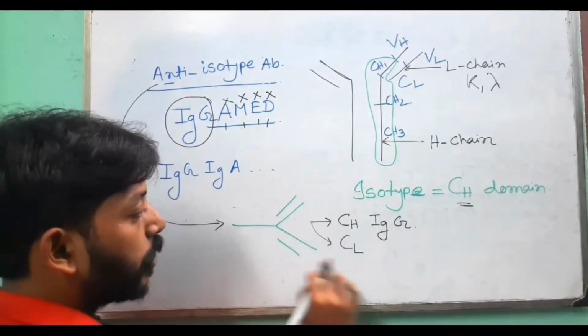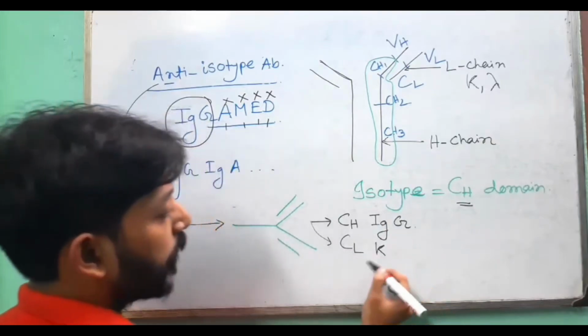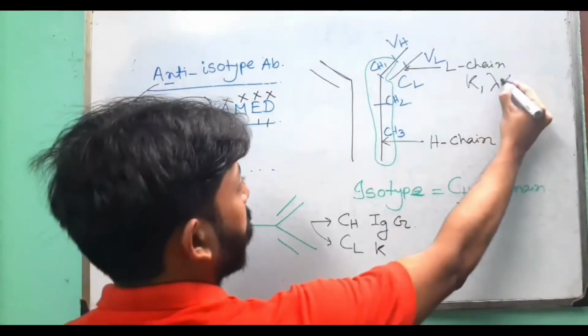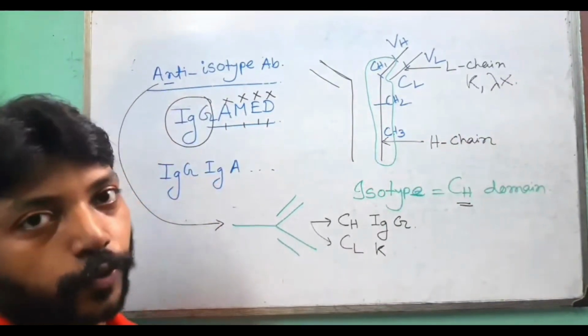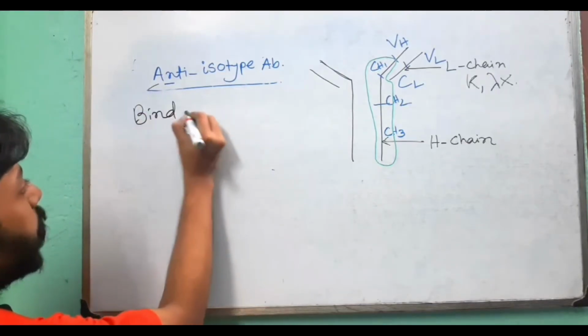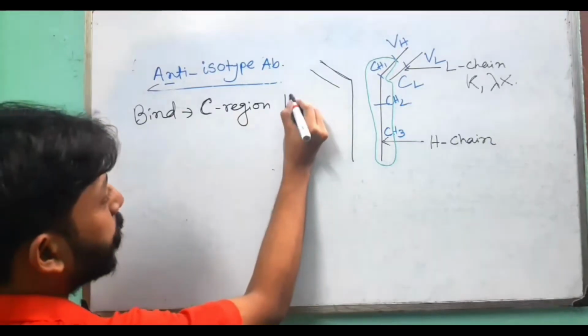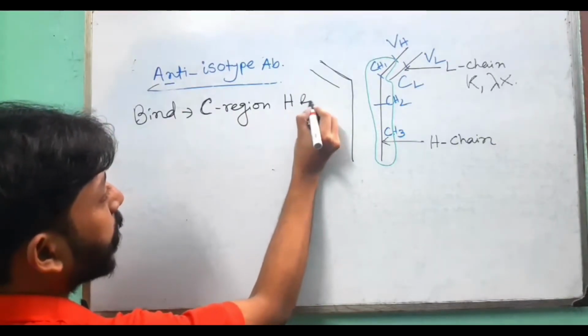If this antibody recognizes CL, meaning constant light of kappa, then it cannot recognize the lambda, or vice versa is true. An anti-isotype antibody binds with the constant region, meaning the C region of heavy and light chain.